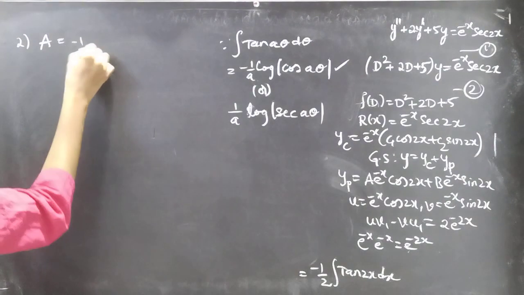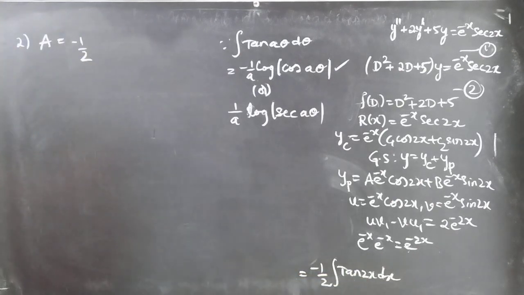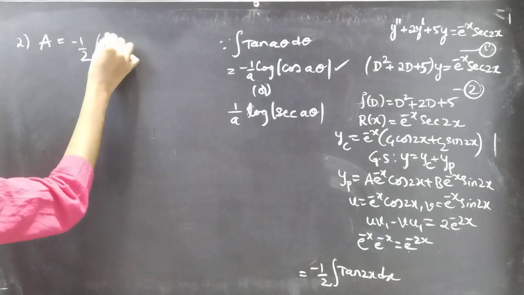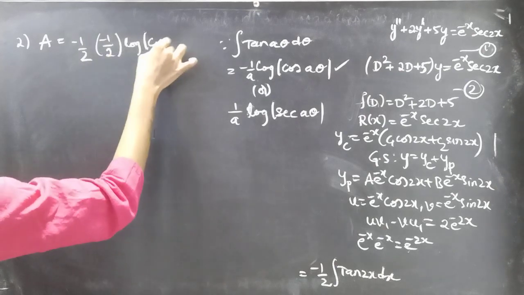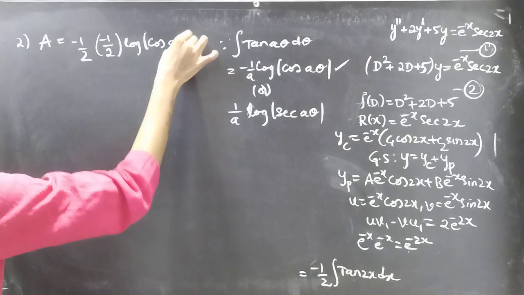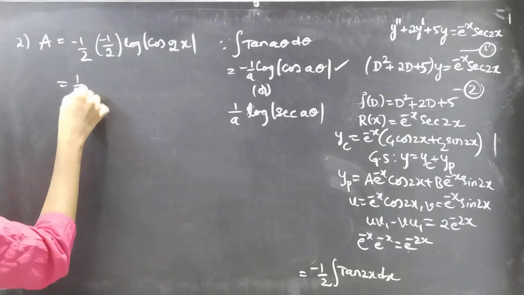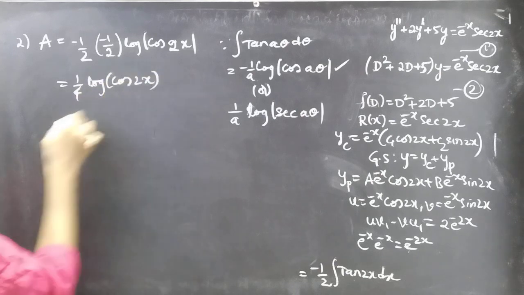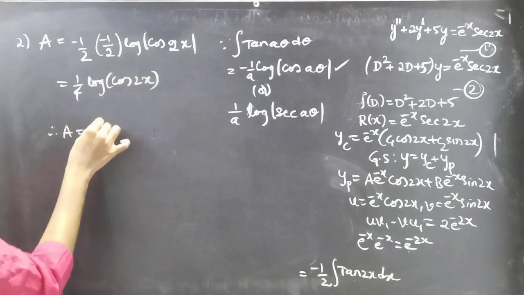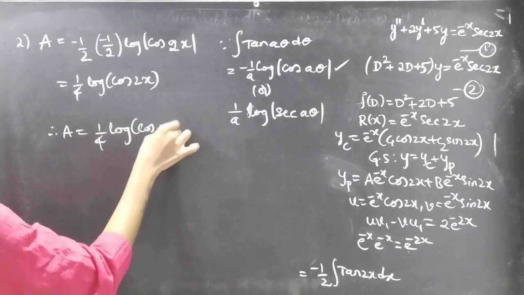This gives us minus 1 by 2 integral tan 2x dx. For a equal to 2, you'll have minus 1 by 2 log mod cos 2x, right? Or 1 by 4 log of cos 2x. Therefore, A equals 1 by 4 log of cos 2x.